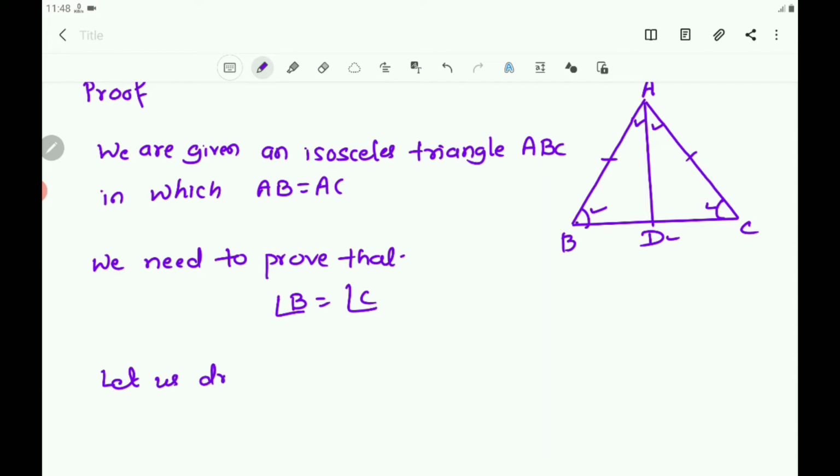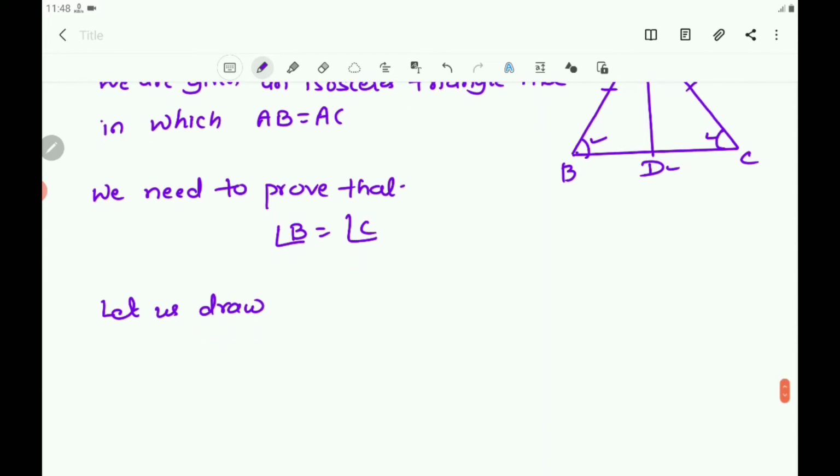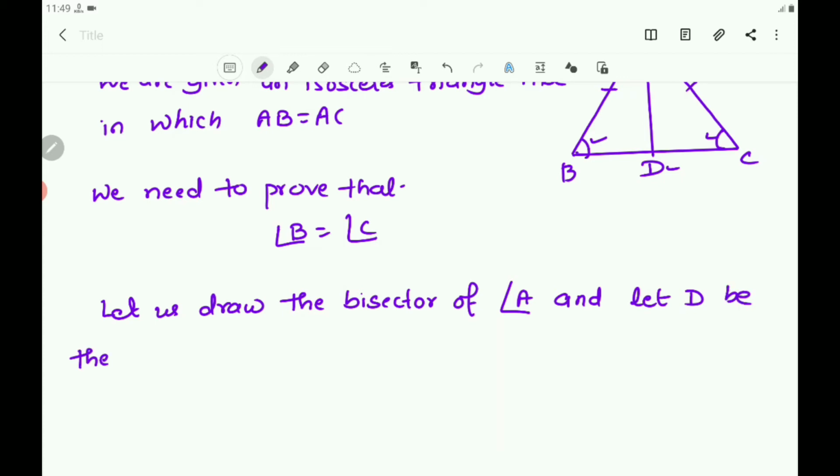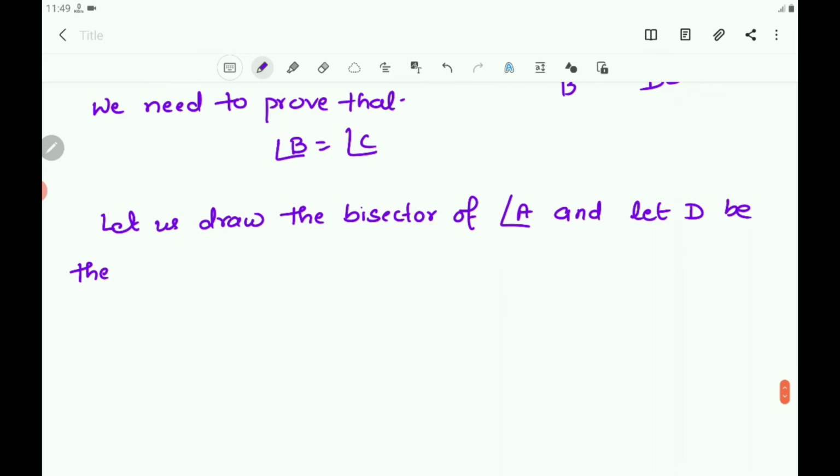Let us draw the bisector of angle A, and let D be the point of intersection of this bisector.